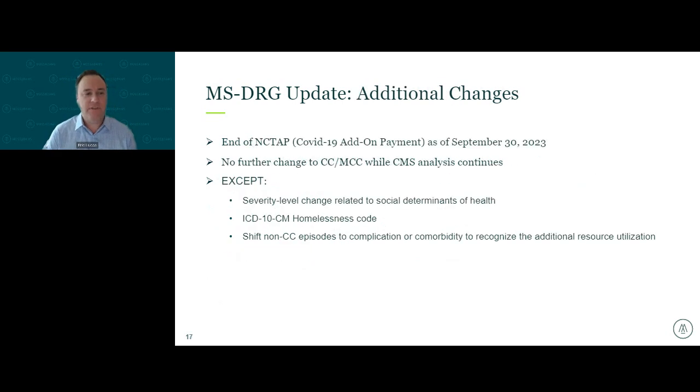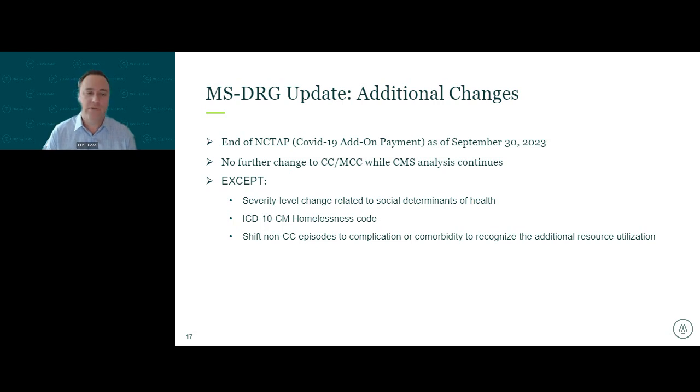And then I talked briefly about, actually that was the proposed regs, the end of the COVID-19 add-on payment, which is expiring in the current year. So we have only about a month left of that particular add-on, and then it will expire.